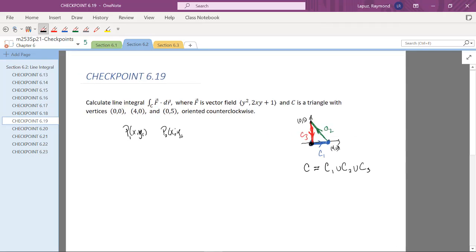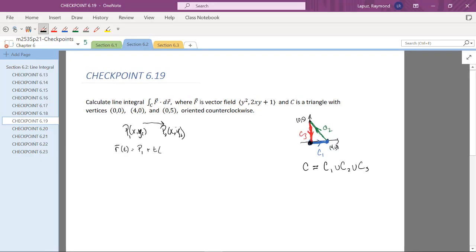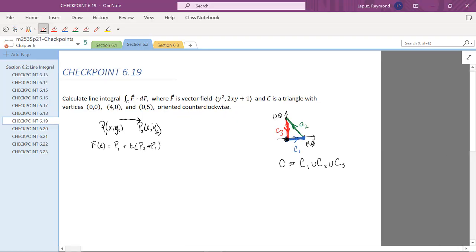Now the line segment between these 2 points, generically r of t, will equal the first point, P1, plus the parameter t times the direction connecting these 2 points. So that would be P2 minus P1. We'll just pick it up from when we actually parameterize our C1, C2, and C3.